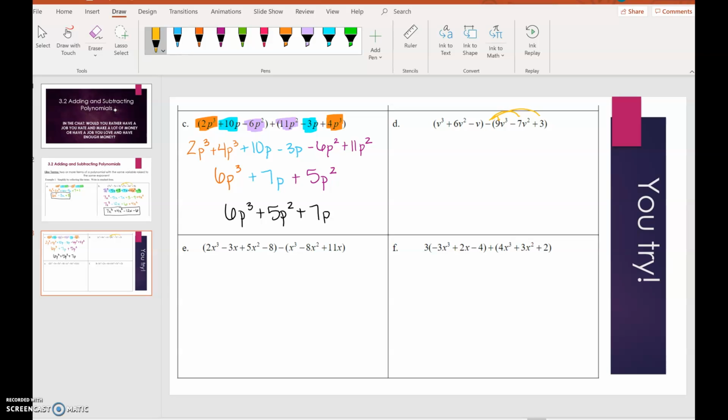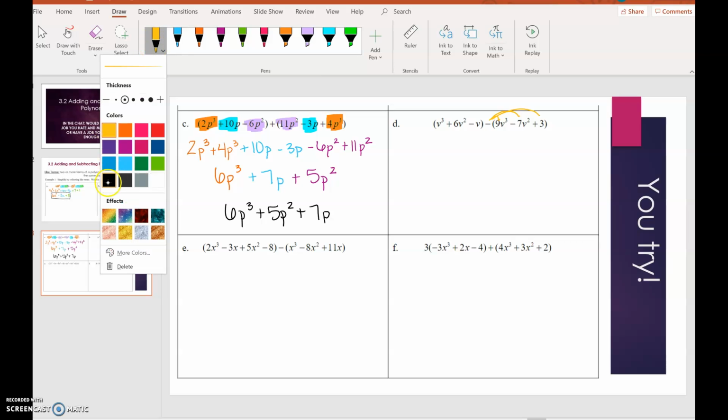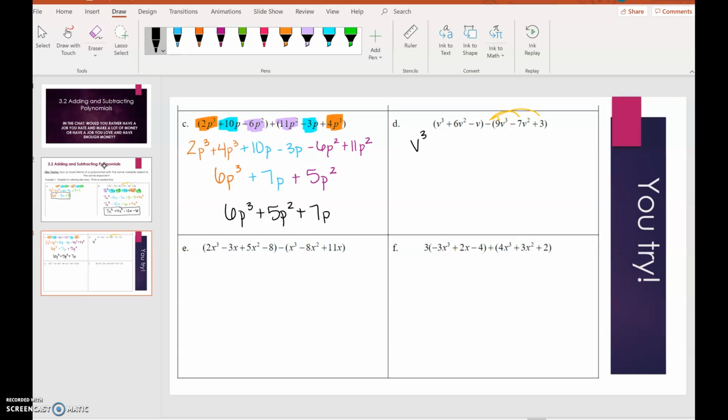It's often you miss a negative sign this way, so it's less likely to miss a sign if you just distribute that first. So I have v to the 3rd plus 6v squared minus v, and then I distribute that negative, distributing a negative 1. So I'm flipping all the signs because I'm timesing by a negative 1.